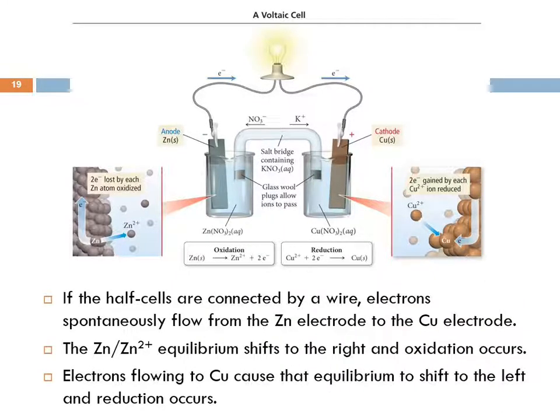So if we connect these half cells with a wire, and here we threw in a light bulb just for fun, then the electrons are going to flow away from the zinc electrode, which is negative, and they're going to flow towards the copper electrode, which is more positive.